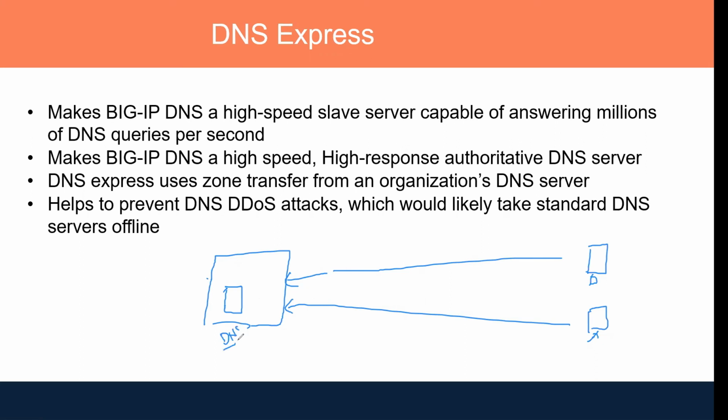But let's say there are a lot of queries, millions of queries coming, then this DNS server would crash. So what solution do we have? We can put F5 DNS in front of that.